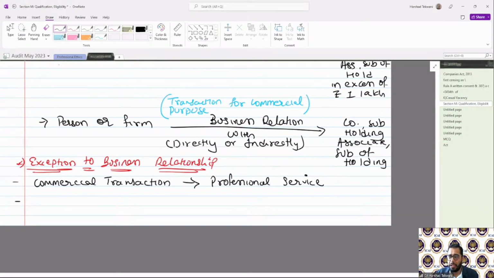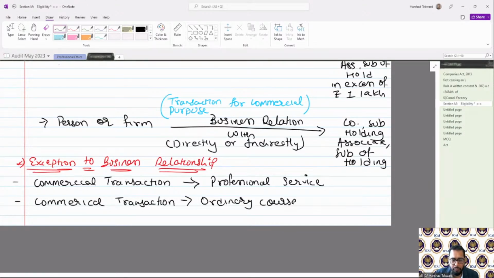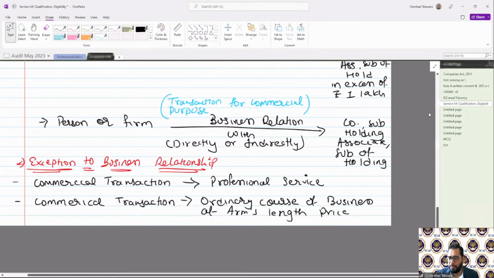Second, commercial transactions which are in the ordinary course of business of the company at arm's length price, then those are not part of business relationship.